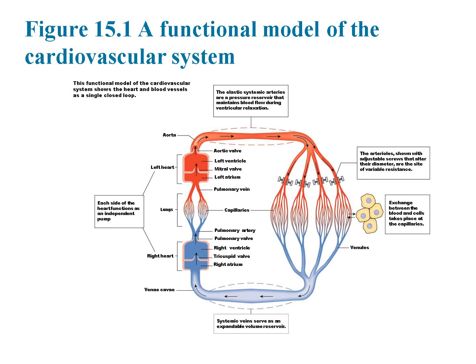The elastic systemic arteries act as a pressure reservoir, maintaining blood flow even when the ventricles relax. As blood moves through smaller arterioles, these vessels adjust their diameter, regulating resistance and directing blood flow where it's needed most. At the capillaries, the real exchange happens. Oxygen and nutrients pass from the blood into the cells, while waste products like carbon dioxide move into the blood to be carried away.